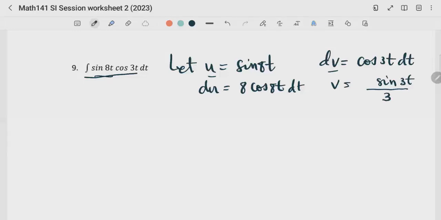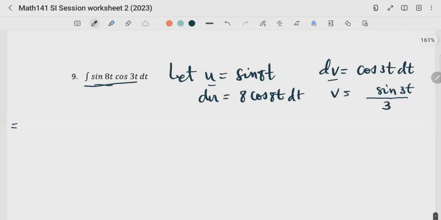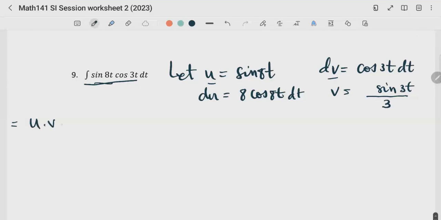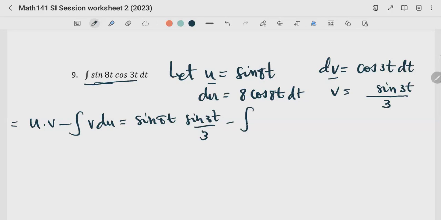Right. So now, using that in mind, we would have this equal to our u times v minus the integral of v du. And our u times v is just sine 8t times sine 3t over 3, minus v du, which is sine 3t over 3 times 8 cos 8t dt.